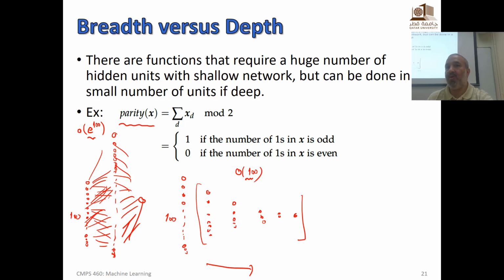Okay, so deeper networks are more powerful. Why is that? Because we are able to do more interactions for the input features to interact more. Here the interaction between the units is much less than here.